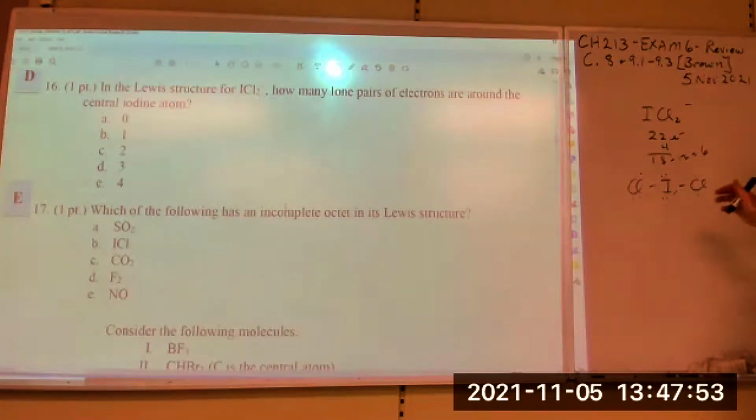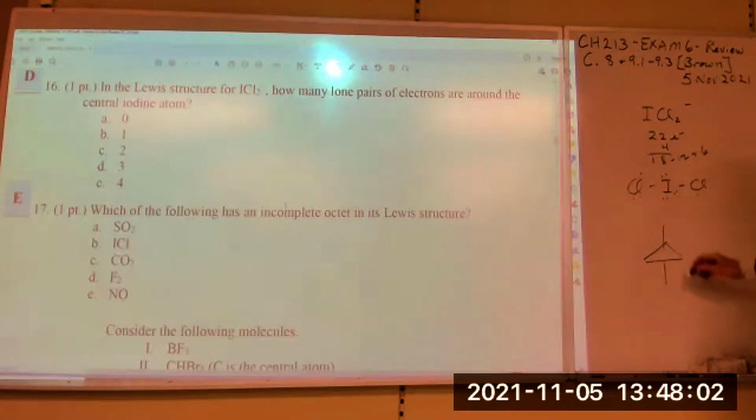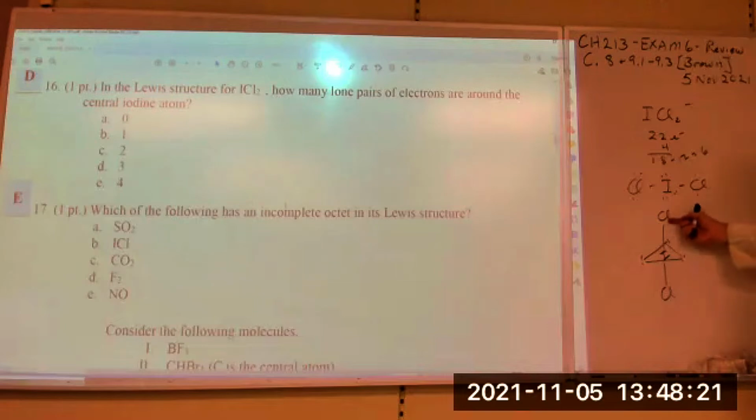What would the molecular structure be? So if we put iodine in the middle, where are the lone pairs going? On the triangle. And the chlorines are like that. Now, you would think that if we put the lone pairs on either end, that would put them farther apart.